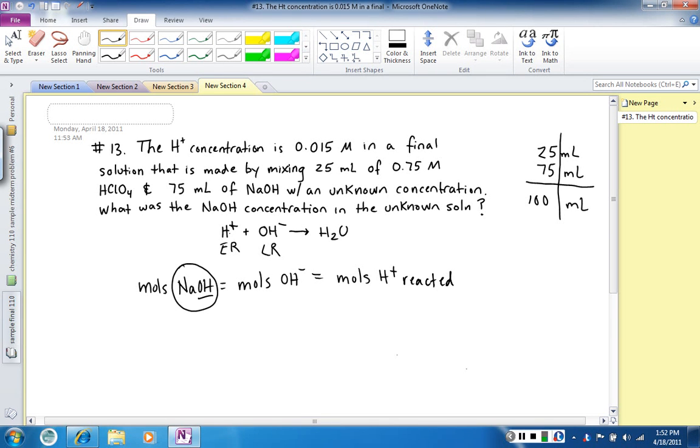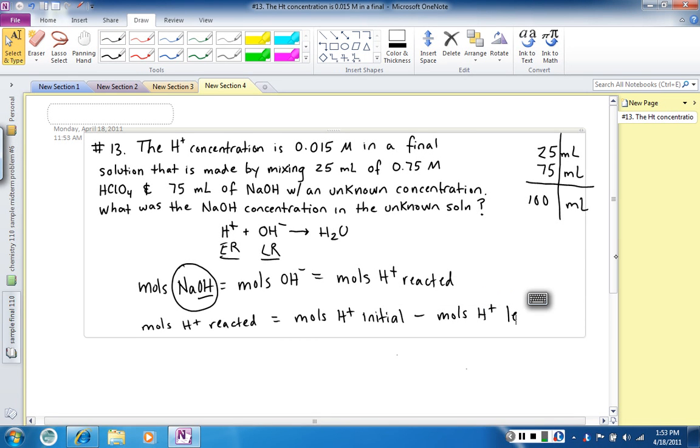Because it reacts in a 1-to-1 ratio in our equation. The next step is to figure out moles of H plus reacted. That's going to equal moles of H plus initial, what we start with, minus moles H plus left over.